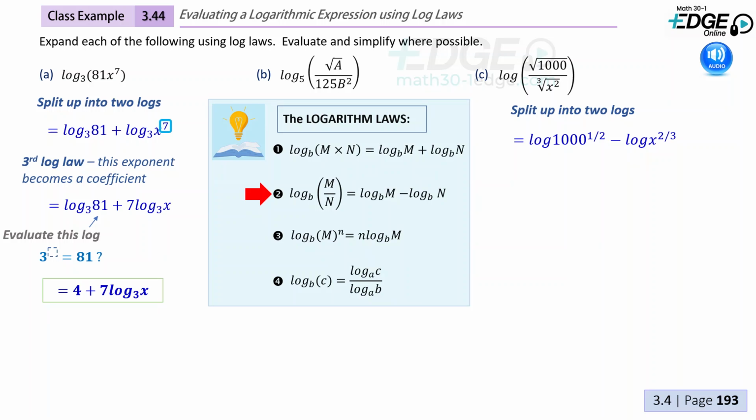So this comes from our second log law, because we were dividing in the first case. Now again, we're going to use our third log law to move those exponents down in front, so they're now coefficients.